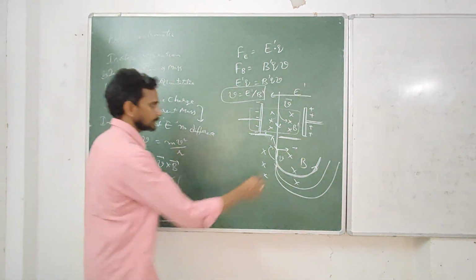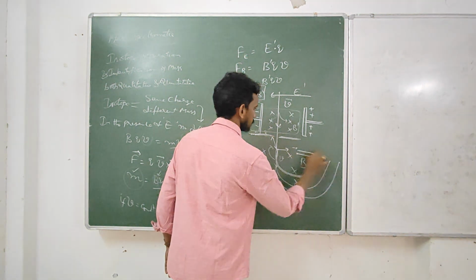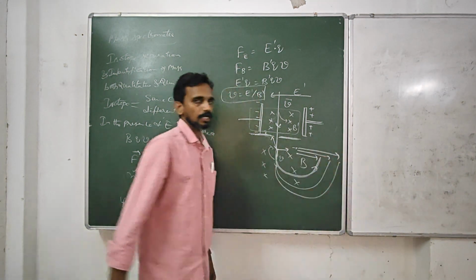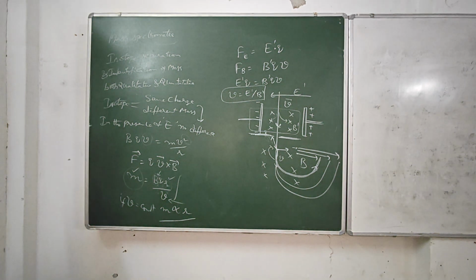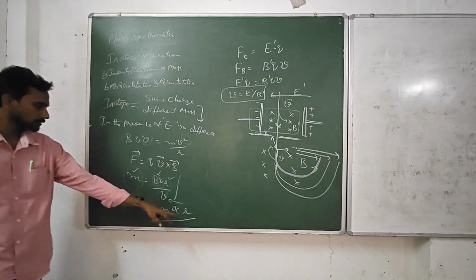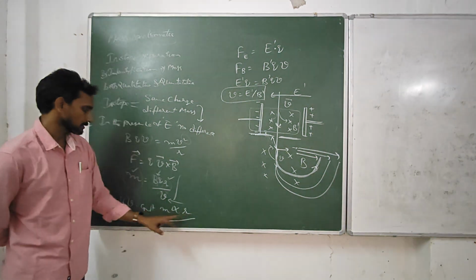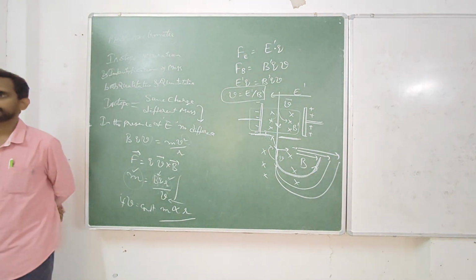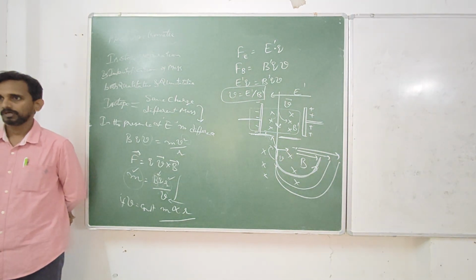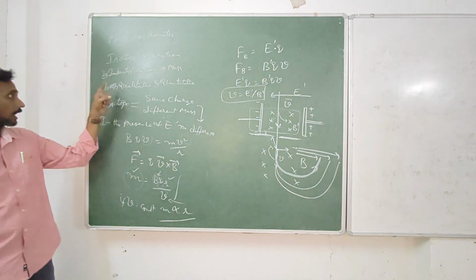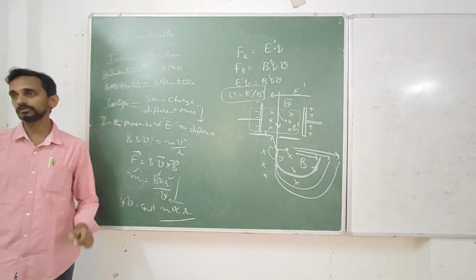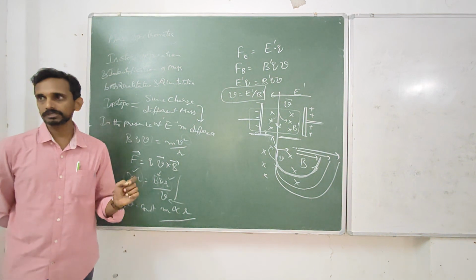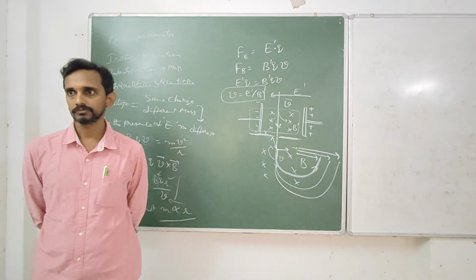And by measuring the radius, I can estimate the mass of the particle, because the radius of the track is now proportional to mass. So I am able to isolate the particles with different masses and I am able to quantitatively measure their mass. Both are possible.